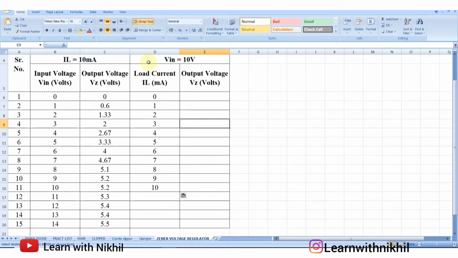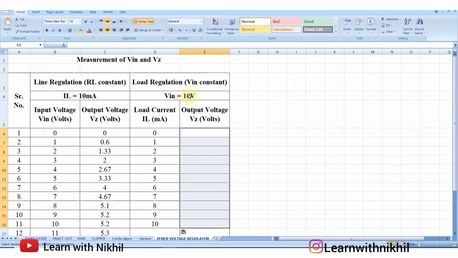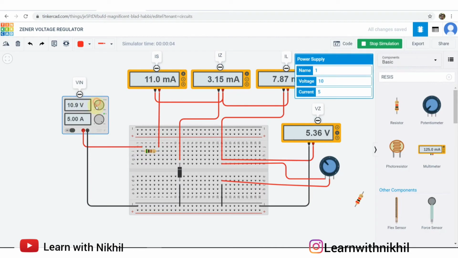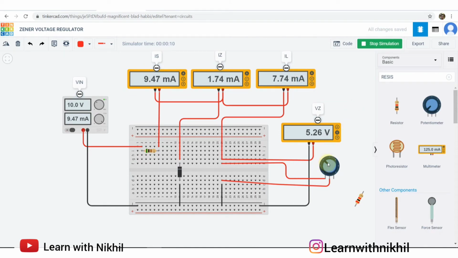So 0 to 10 will vary the load current and we'll measure the output voltage. So keeping the input constant and varying the load current. For varying the load current, we'll change the potentiometer value. First we'll keep this constant at 10 volts, and we'll vary the resistance.